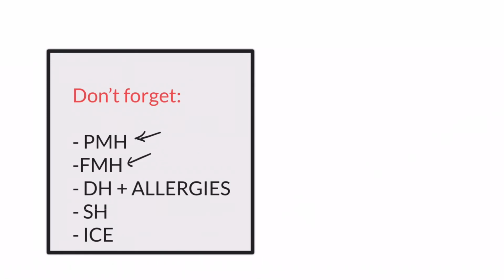Drug history, obviously check for allergies, very important, especially in the OSCE station. Social history is quite important because I tend to ask about occupation. If the person does a lot of lifting jobs, this is probably a musculoskeletal type pain. If it's progressive arthritis, and the patient has a history of arthritis, it's a continuous perpetual cause of low back pain. And ICE, obviously ideas, concerns and expectations.